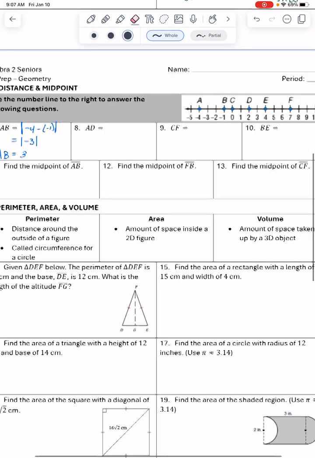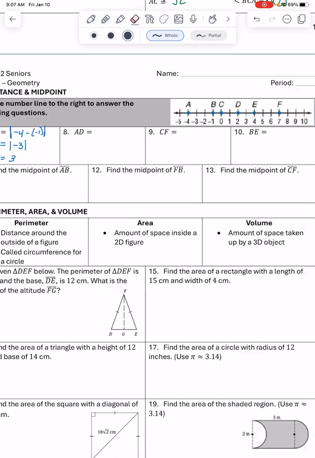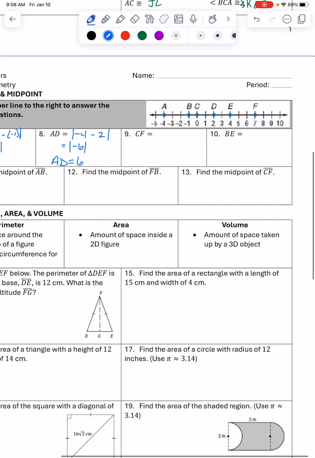So if we look at AD, so A is at -4, D is at 2, so we go there. Absolute value, -4 minus 2 is -6. Absolute value of -6 is 6, so AD is 6.